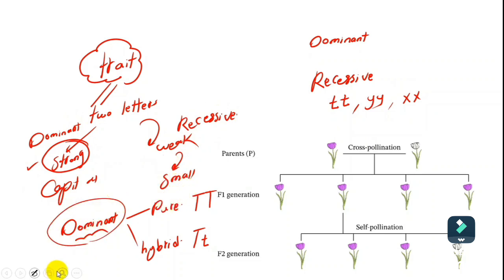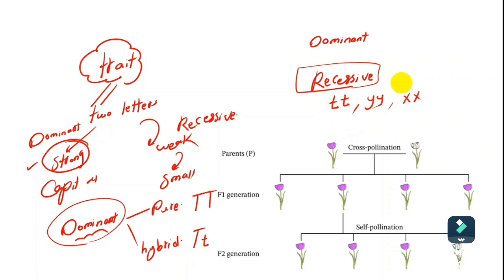The dominant trait has two possibilities. It may be dominant pure or dominant hybrid. If it's dominant pure, it will be T capital, T capital. If it's dominant hybrid, it will be T capital, T small. But the recessive trait is always lowercase: T small, T small, Y small, Y small, or X small, according to the letter we use in our experiment.